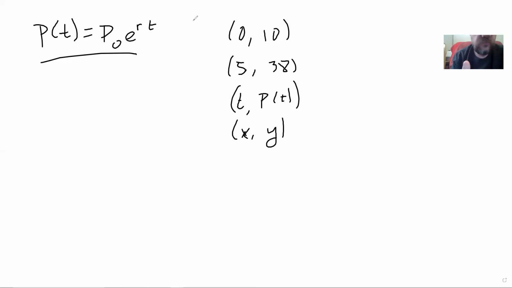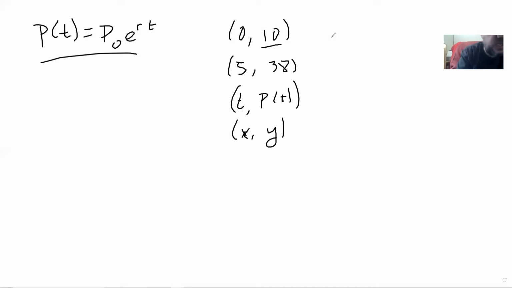So here's what you want to do. I know that at t equals 0, P is 10, and then 5 years later, P is 38. So I can think of this as my initial starting point, P of 0, and then this is going to be P of 5.